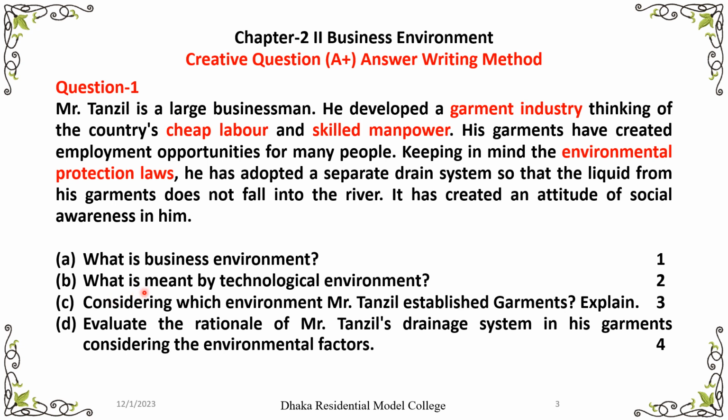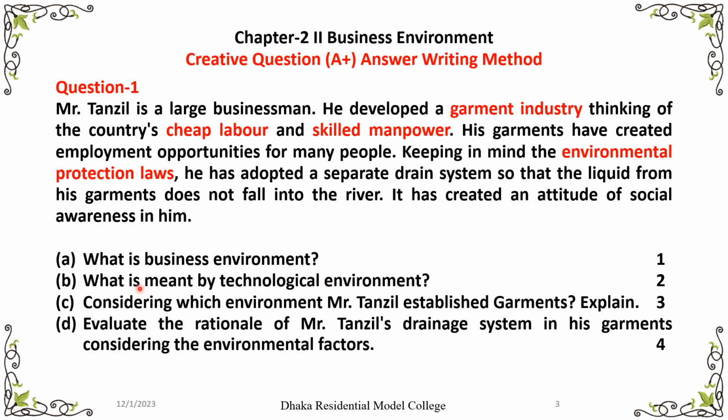Okay, what is meant by technological environment? The environment which is consisted of technology learning, technical efficiency, technology-based institutions, ICT infrastructure, etc. The environment created consisting of these types of elements is called technological environment.